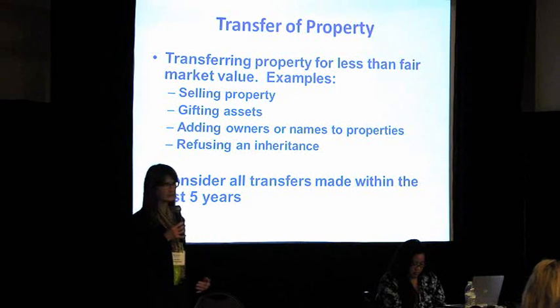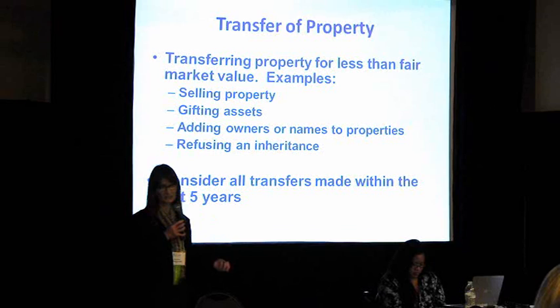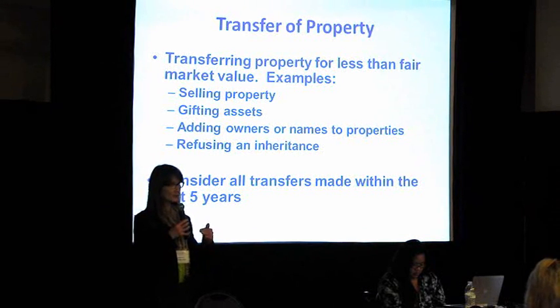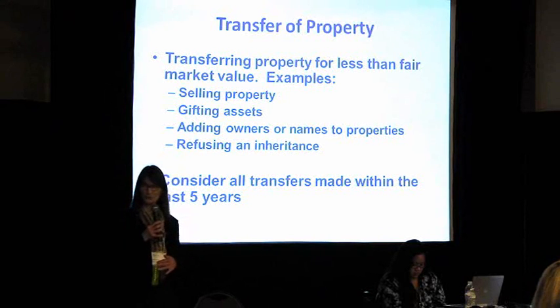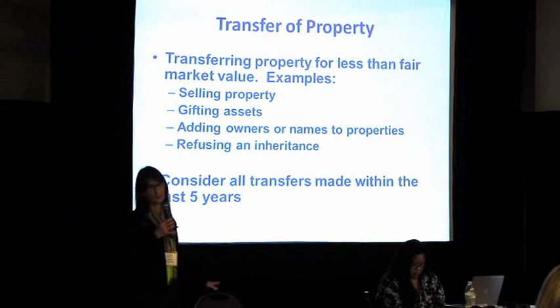All of those are examples of what we call transfers of property. Basically, anytime you own something or have an interest in something, and you take an action where you are reducing the value or your ownership interest, that's considered a transfer of property and subject to penalty.